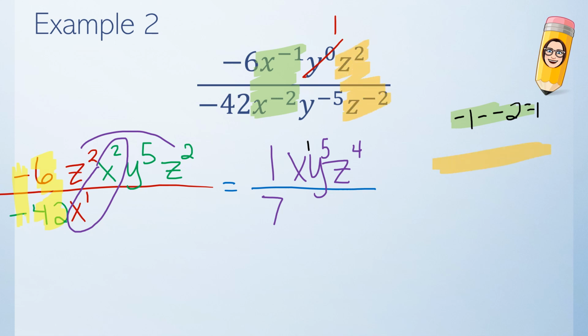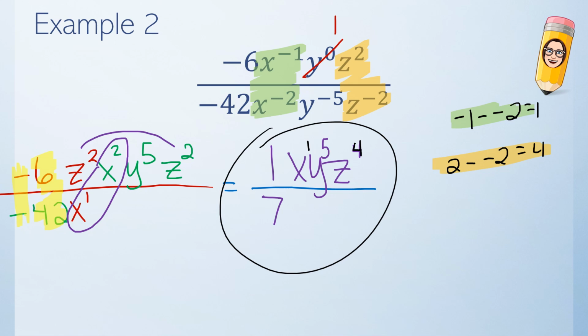You can use the subtraction rule and you could say 2 subtract negative 2 is 4. That's how I got z to the 4th. So keep that in mind. Your work could look different. The order in which you take care of the rules doesn't matter. Okay? But I am confident that this would be my final answer.